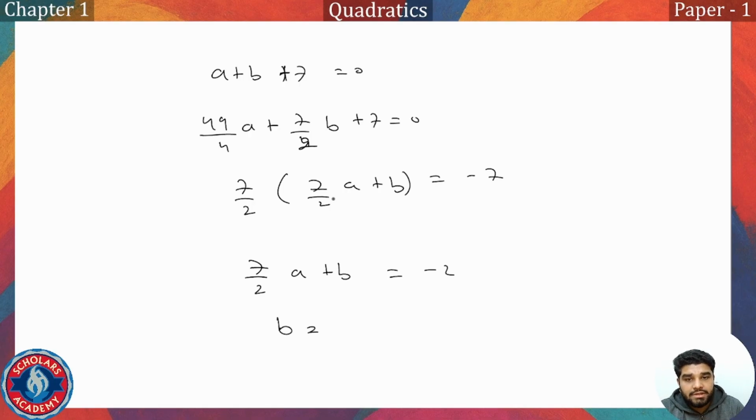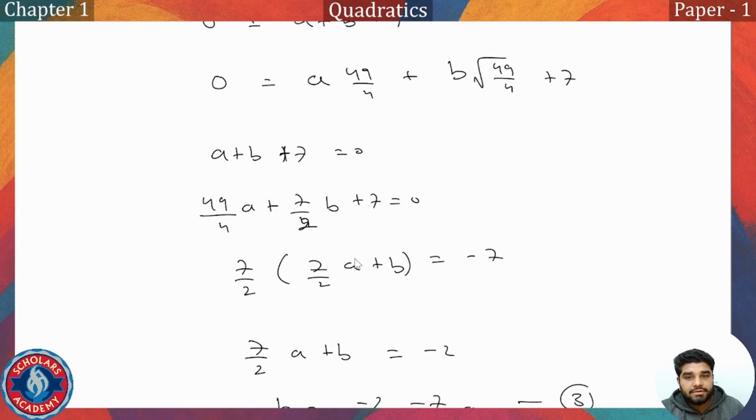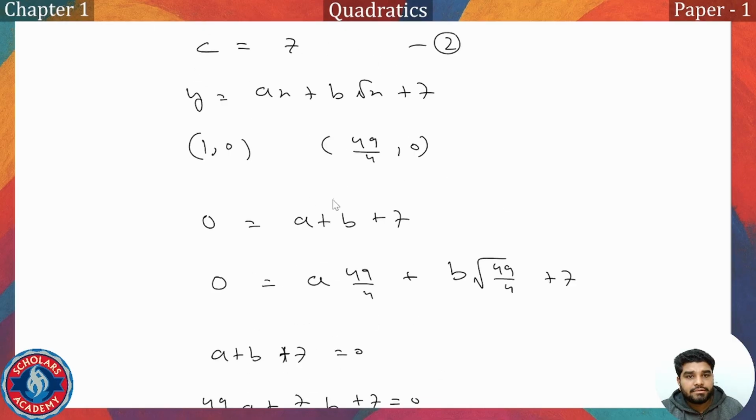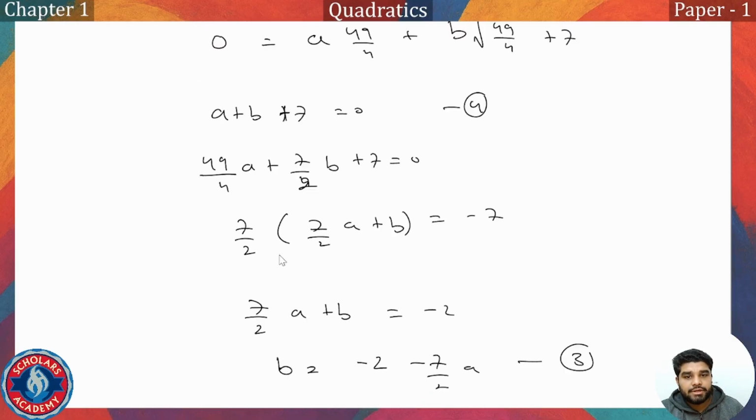B is equal to negative 2 minus 7 over 2a, right? So we can mark it as equation number 3 and we'll substitute it in equation number, let's mark it as equation number 4. So we'll substitute it over here.